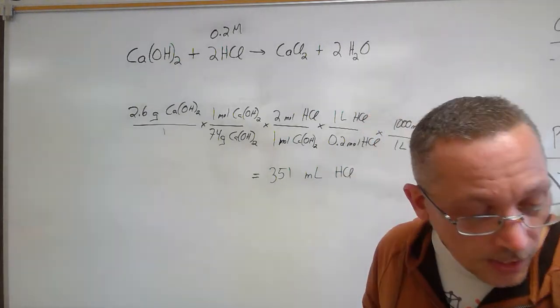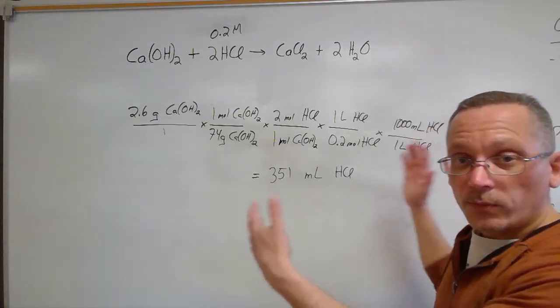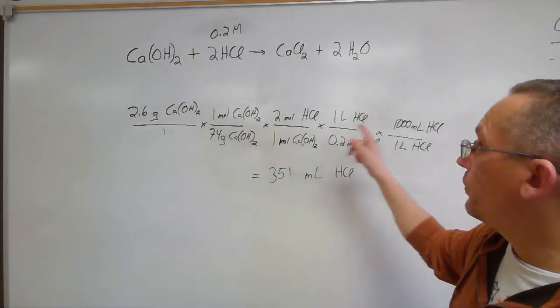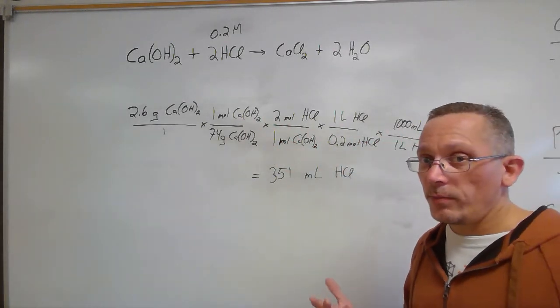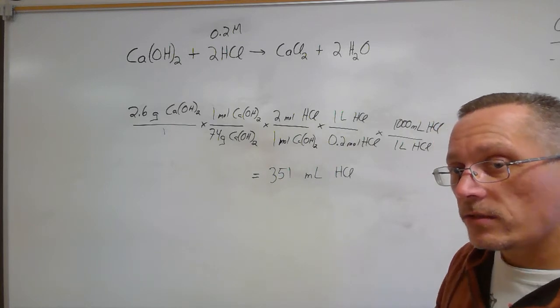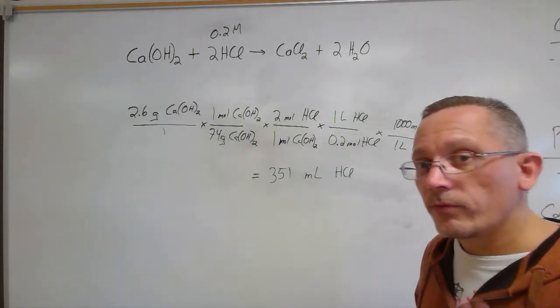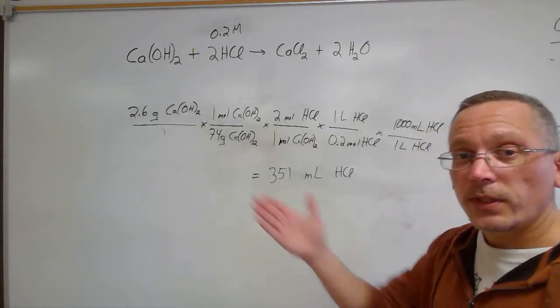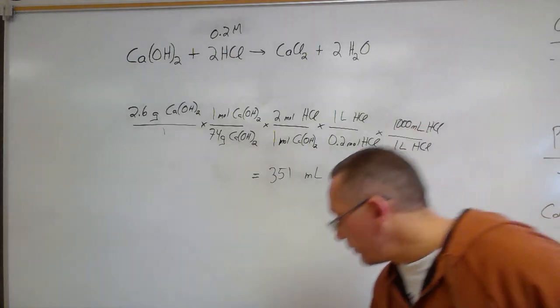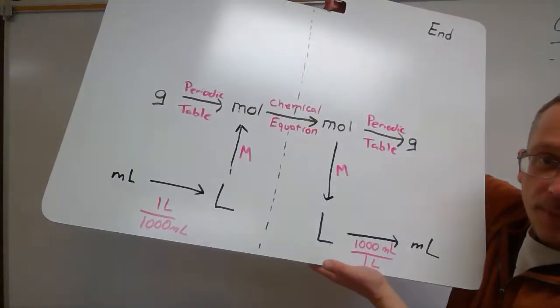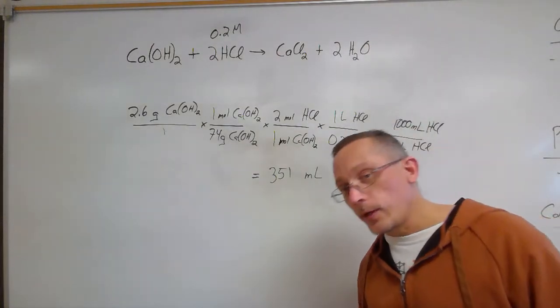So not too tough. You can see this one was, what, 5 fractions long? 1, 2, 3, 4, 5. They might be as many as 6 fractions long. They might be as few as, maybe 4 fractions long. So it depends on what they give you and what they asked you for. But follow the map, and you can solve any one of these problems.